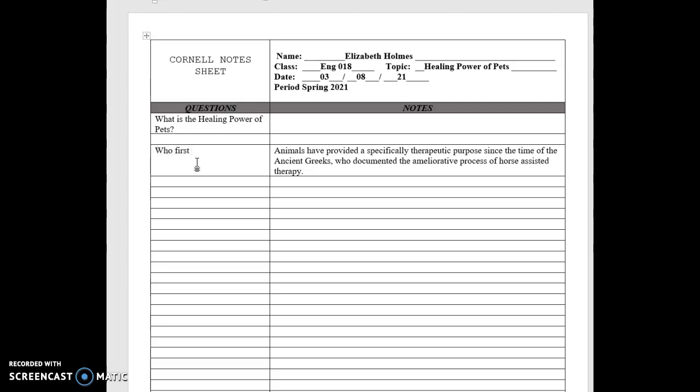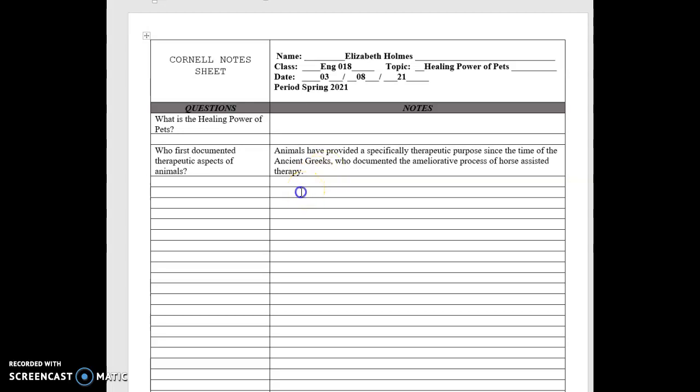Who first documented therapeutic aspects of animals? And whenever I use these to study, because that's the purpose of notes, is to use them to study so that it gets into your long-term memory, you just fold your paper down this line and you ask yourself a question and see if you can answer it.